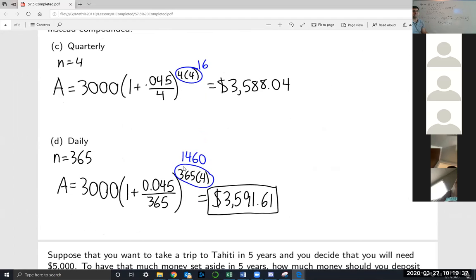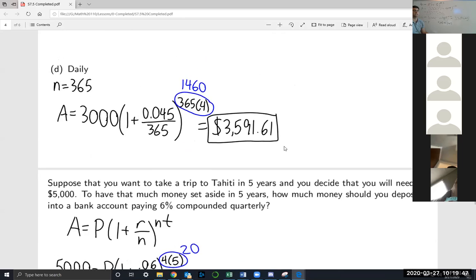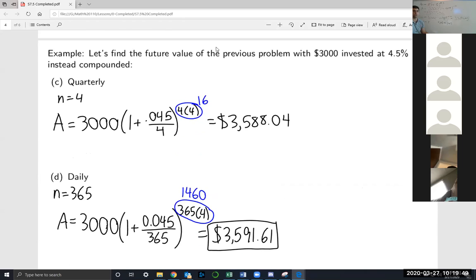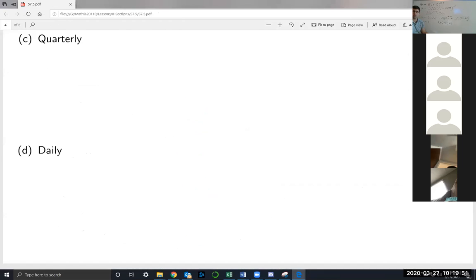And if you do it daily, 365, 3,591, which is an even smaller jump. But if we compound it over and over and over, it will always get bigger.